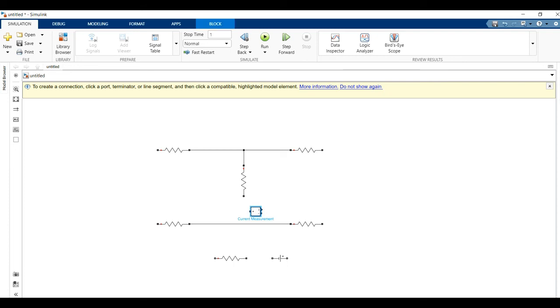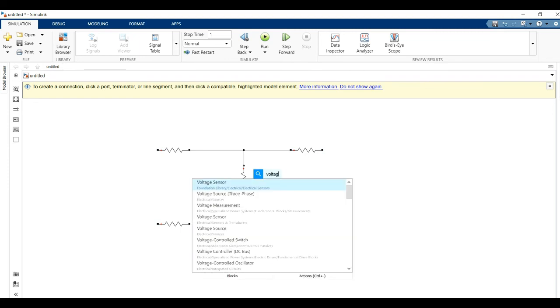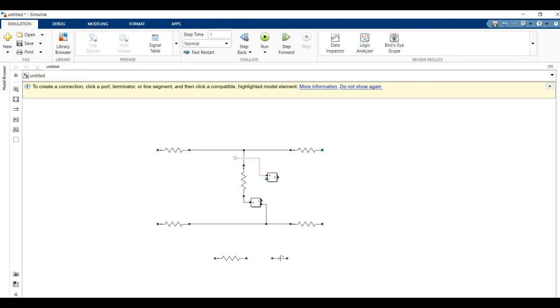Now to take a current measurement, in order to measure the current across the galvanometer. Similarly, a voltage measurement, so voltage across the internal resistance of the galvanometer.